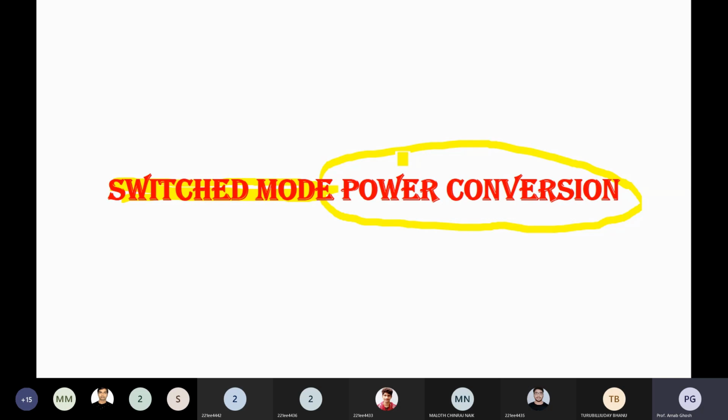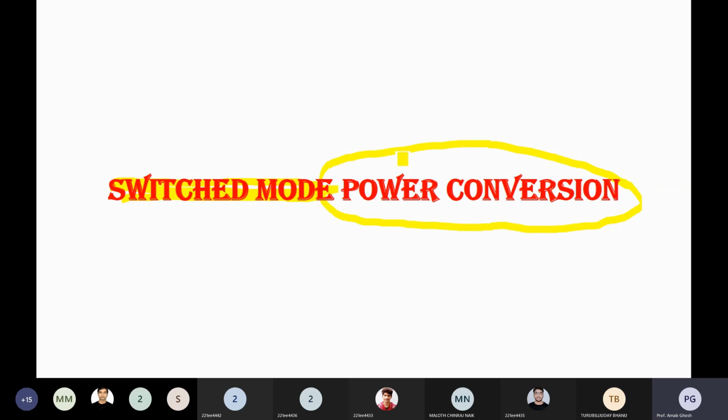In my last class, I also discussed the difference between analog electronics and power electronics. In analog electronics, we look at the power level. Normally we use voltage regulator ICs for 15 volt and 12 volt generation. 7815 is the positive 15 volt regulator and 7915 is the negative 15 volt regulator. 7812 is the positive 12 volt regulator and 7912 is the negative 12 volt regulator.